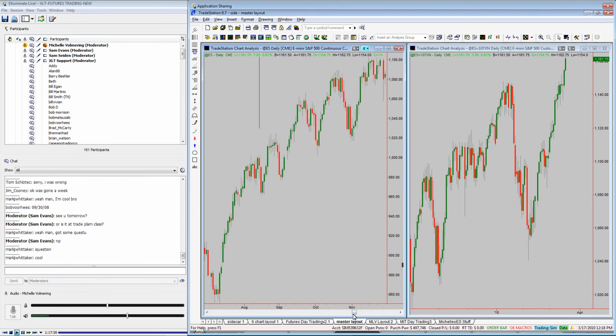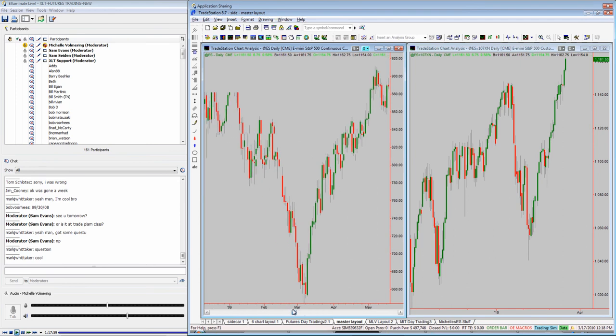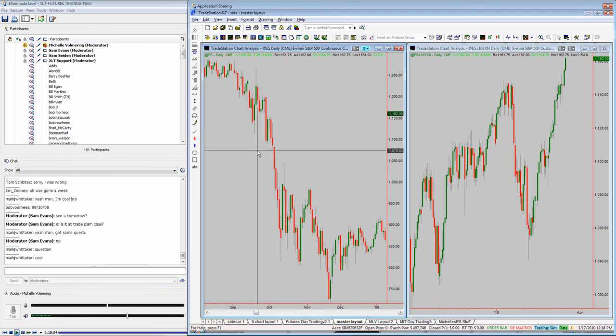I believe I'm still in '09 here. Let me back up a little bit further. And here is going to be September. Okay, so September 30th. Drawing a horizontal line across the high of September 30th.